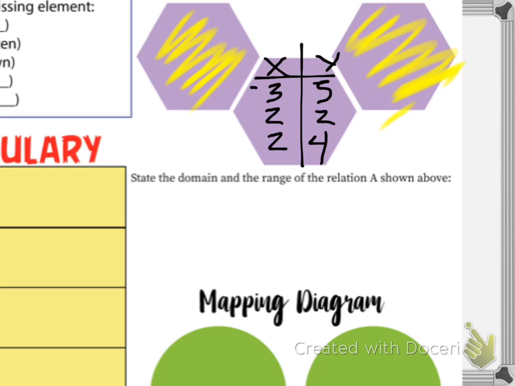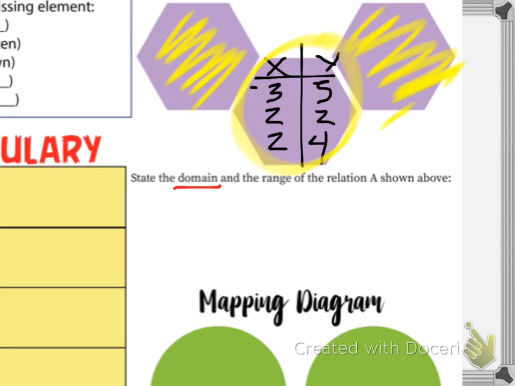So really what I'm just going to be going by is the table, because it was really the only thing I could make fit for this screen right now. So I'm going to be going by that. And we're going to work in this area right here that says state the domain and the range of the relation A shown above. So we're going to state the domain first.